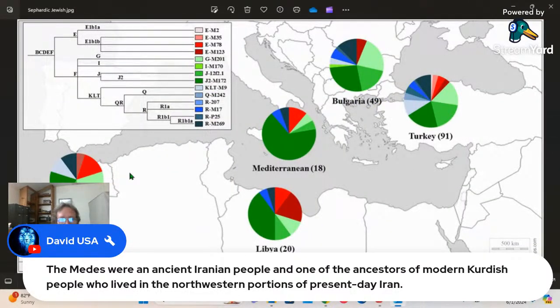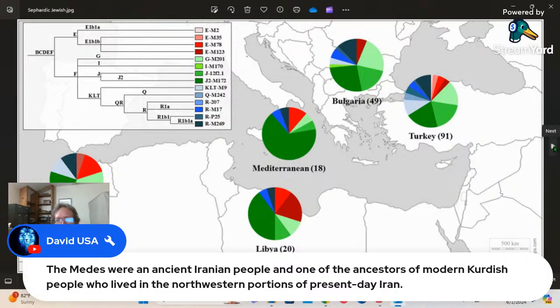Okay, this here shows Sephardic Jewish DNA. So this is not DNA of the area, but it's Sephardic. And what's conspicuously missing out of here is the T. There's no T in these populations here. Zero T. It's not even listed.